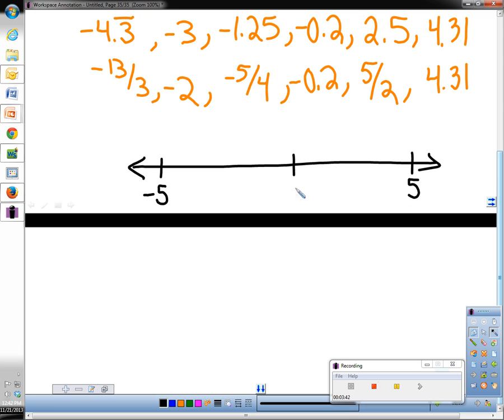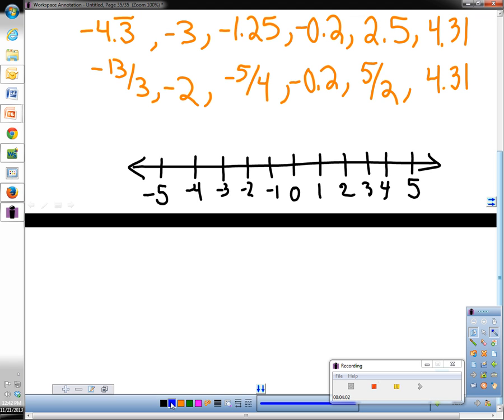So I'm going to number my number line from -5 to +5. Notice how the negative numbers are kind of like a mirror image of the positive numbers.